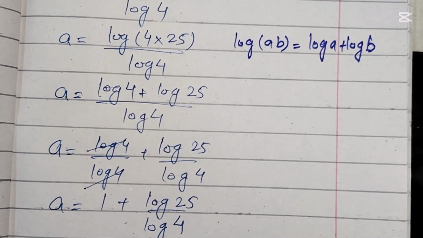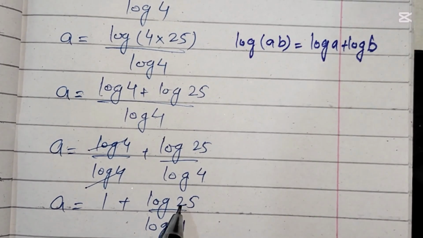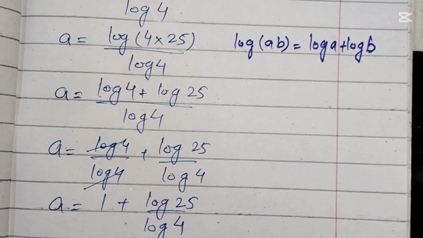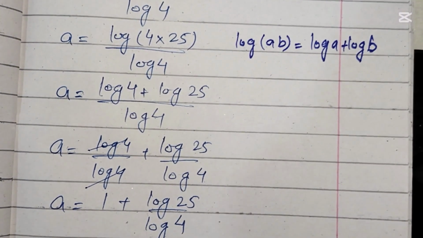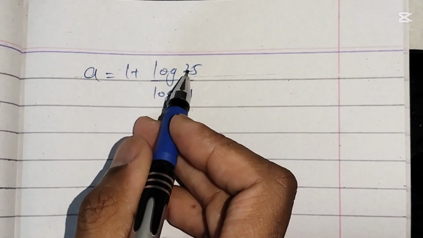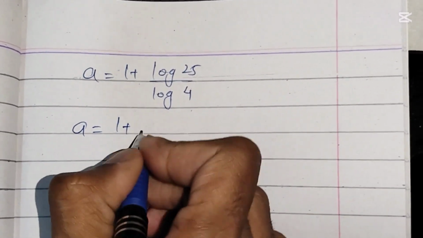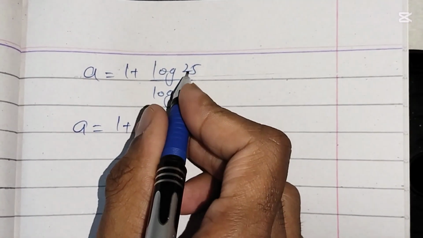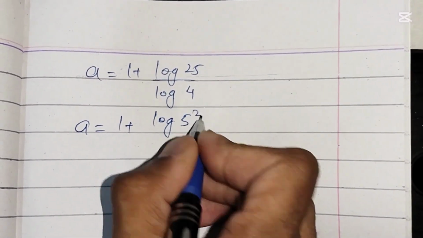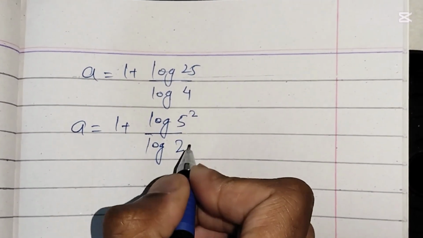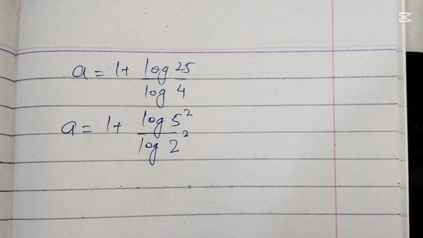Now we will do the breaking of 25 and this 4 in the next step. Now we can write this 25 and 4 as a equals 1 plus log of 25, which is basically 5 square, and this 4 is log of 2 square.